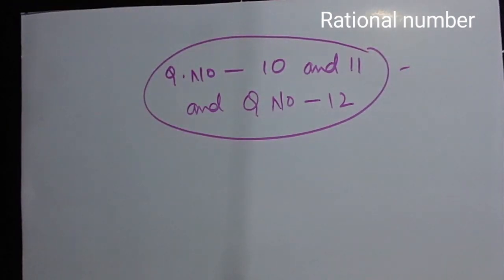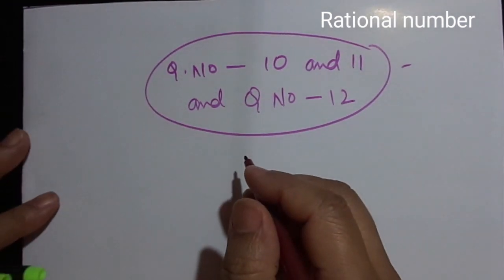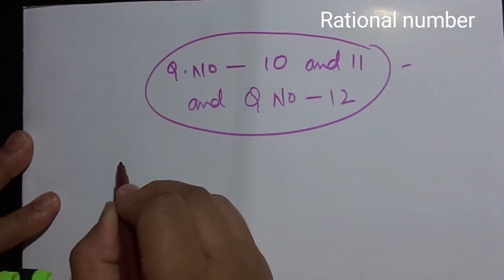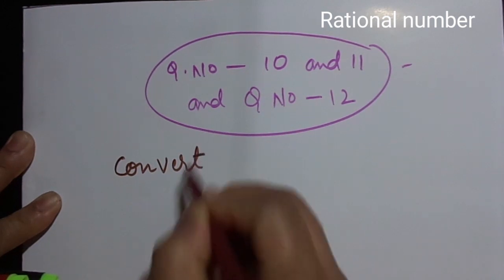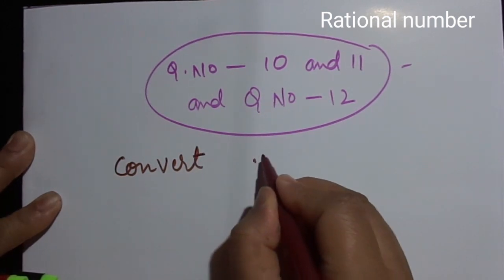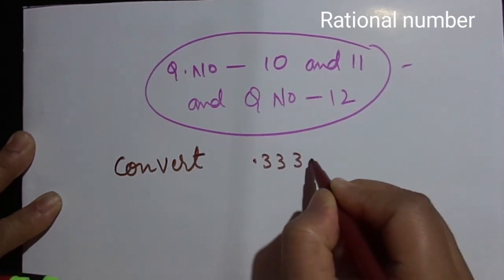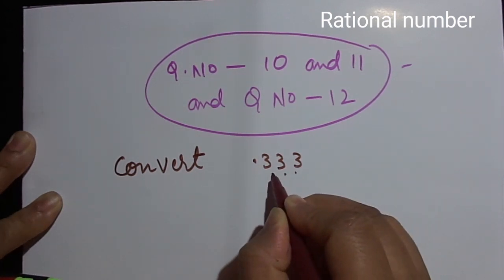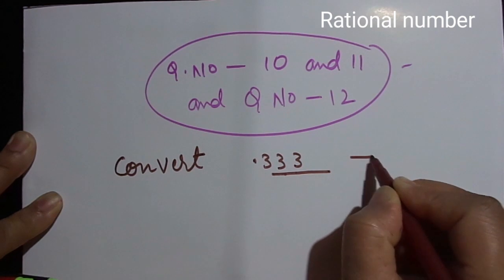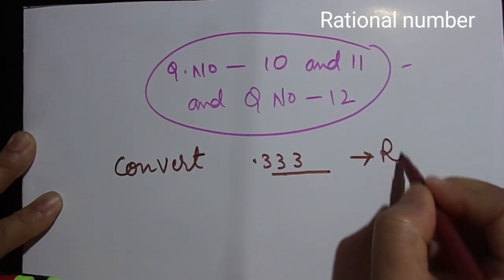Now the last one is to convert 0.333, these repeating decimals, to a rational number.